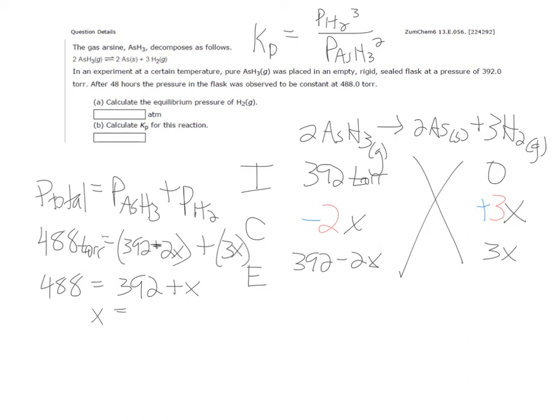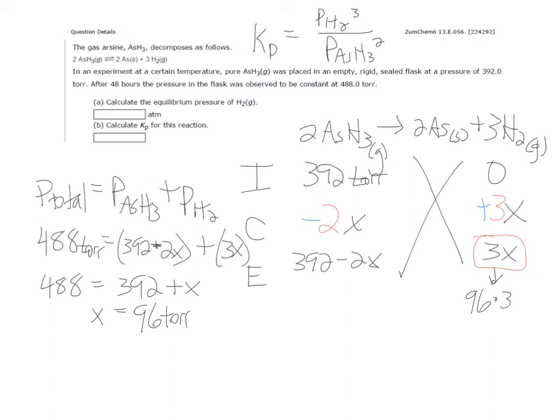And then if we subtract 392 from both sides, we get a value of 96 torr for x.